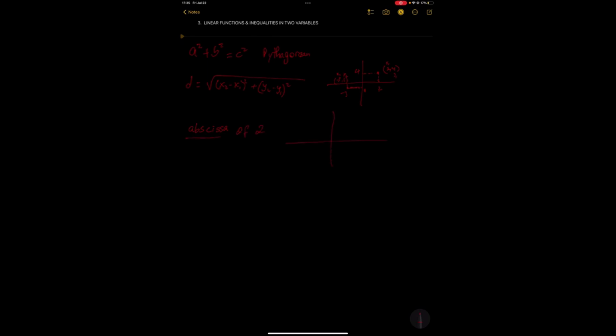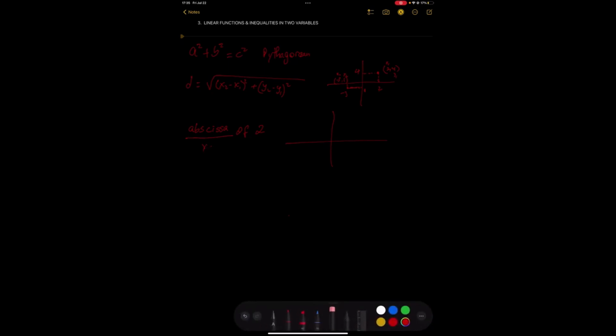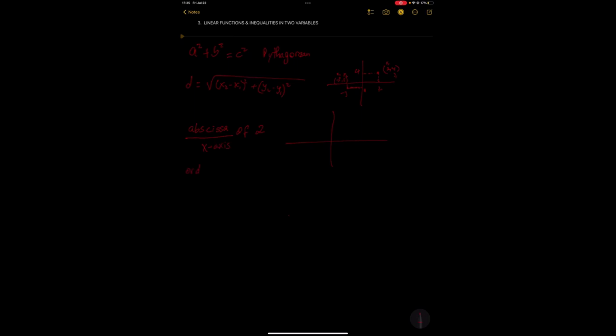Remember, abscissa refers to the x-axis, and ordinate refers to the y-axis. Now we're looking for 2. Let's say this is 0, this is 1, this is 0 right here, this is 1, and this is 2.